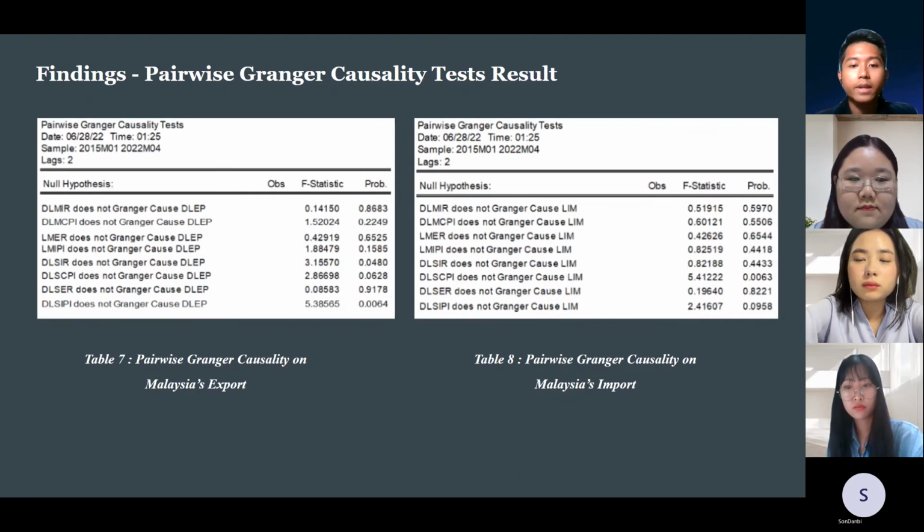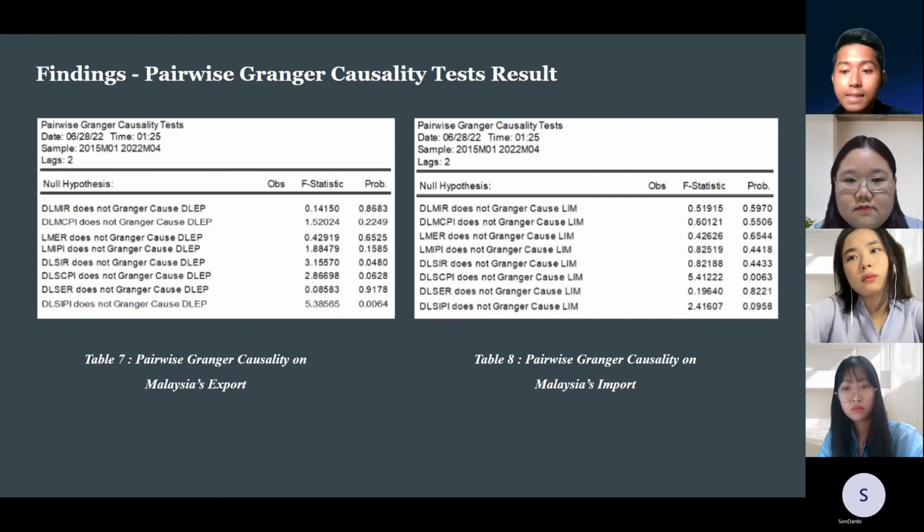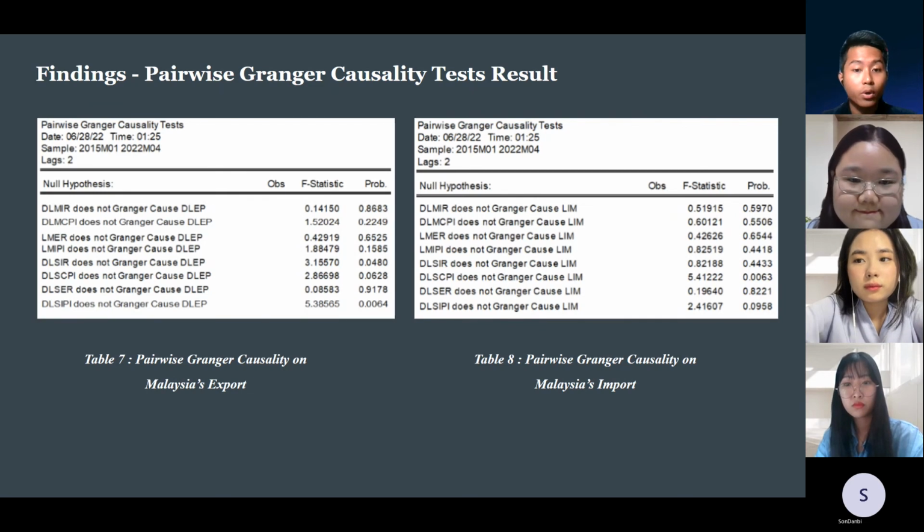Through pairwise Granger causality, we found that the Singaporean interest rate, CPI and IPI have a long-term causality with Malaysian export, with Singaporean IPI having the strongest causality among the three variables. Furthermore, there is a long-term causality from Singapore CPI and IPI towards Malaysian import, with Singapore CPI having the strongest causality. Next.